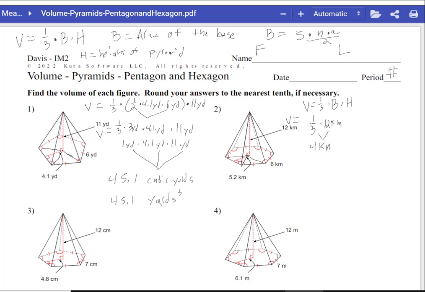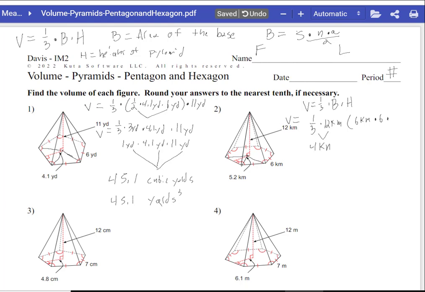But let's go back. The area of a hexagon is going to be s, the side length, which is 6 kilometers, and then the number of sides, n, is 6.